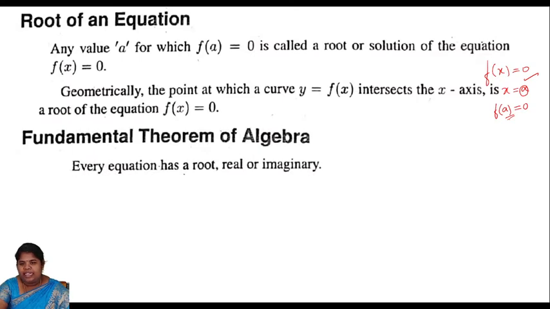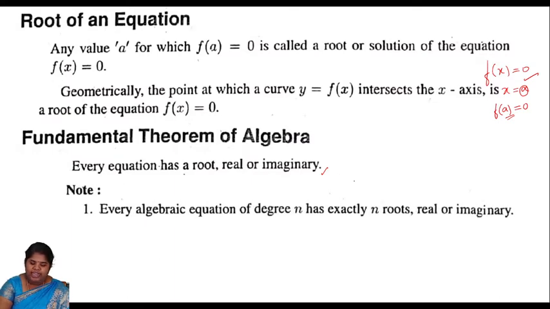Now, fundamental theorem of algebra. Every equation has a root which may be real or imaginary. The root may be a real root or an imaginary root. Note that every algebraic equation of degree n has exactly n roots.